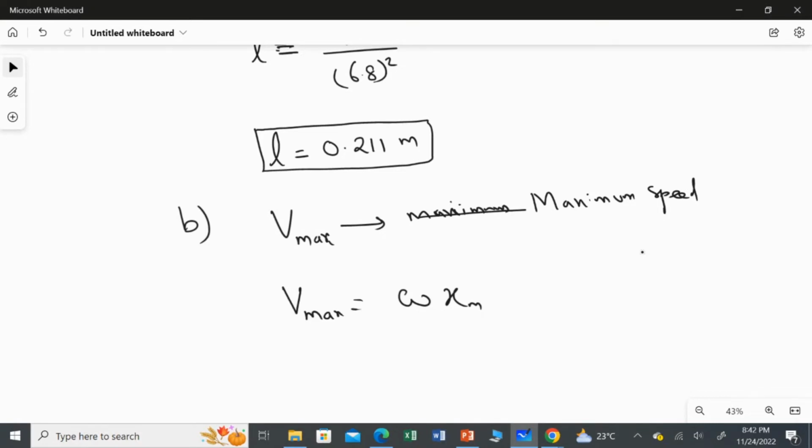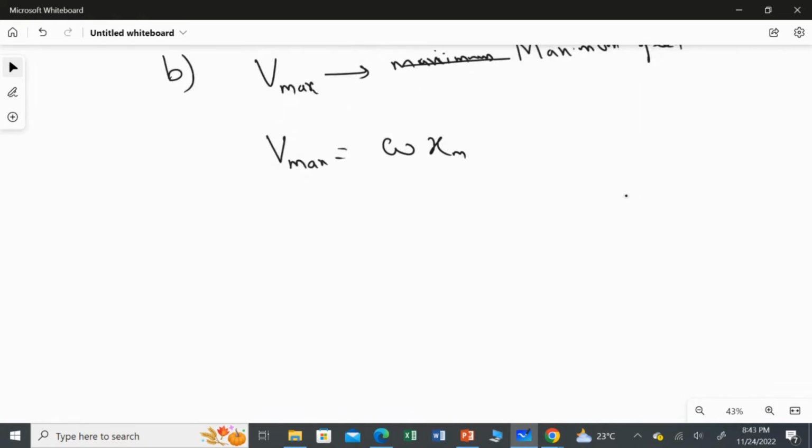If the pendulum oscillates, we can easily find the value of this xm by using the arc formula. For example, this is the pendulum, this is the equilibrium position.